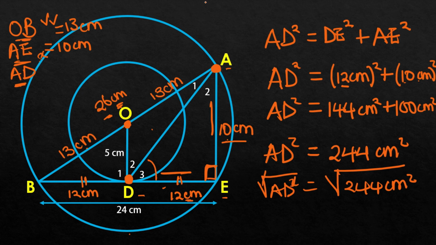So this will cancel this, and then you're going to be left with AD is equal to the square root of 244, which is going to give you 15.62 centimeters. So the value of AD is going to be 15.62 centimeters, and those are your answers.